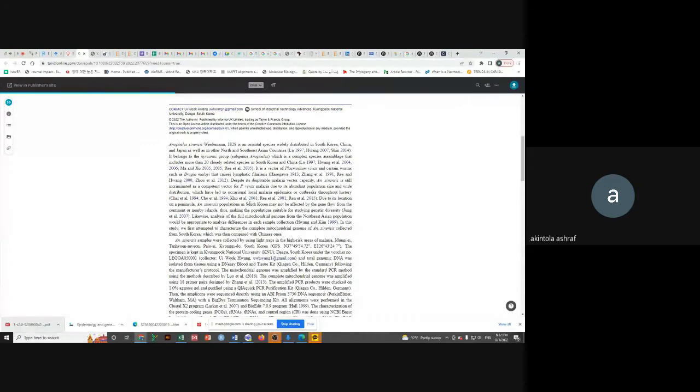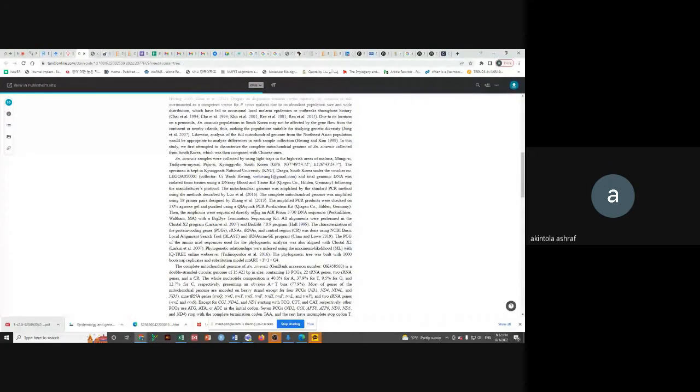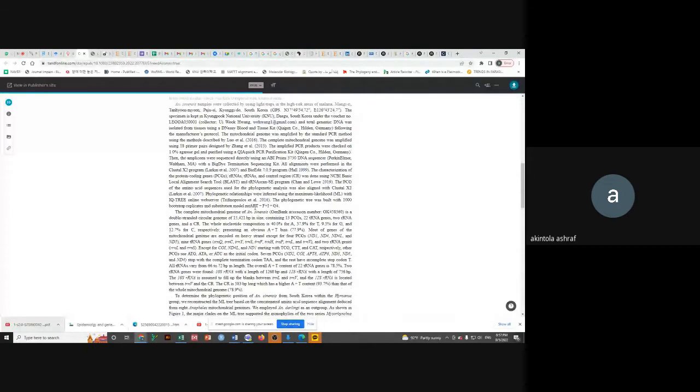Let me go and copy. Okay, CO1, ND4, ND1. Yes, so the ATP6 and ATP8. Those are the 13 protein coding genes in the mitochondria. Among all these, CO1 is the most utilized because of its conserved nature. So I think that answers that.